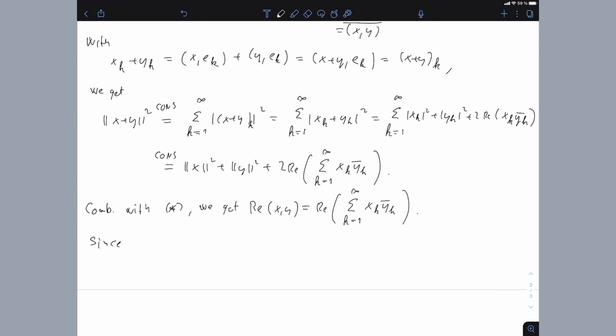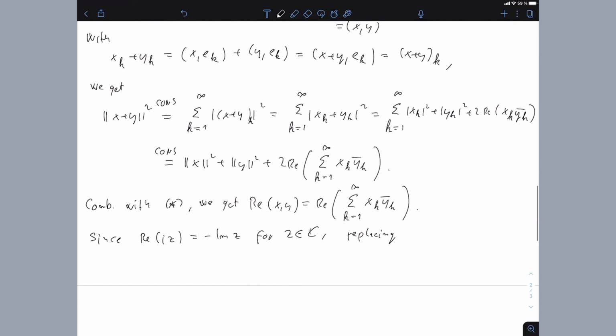Since we have that the real part of i times z for any complex number z is minus the imaginary part of z, we just need to replace x by ix.